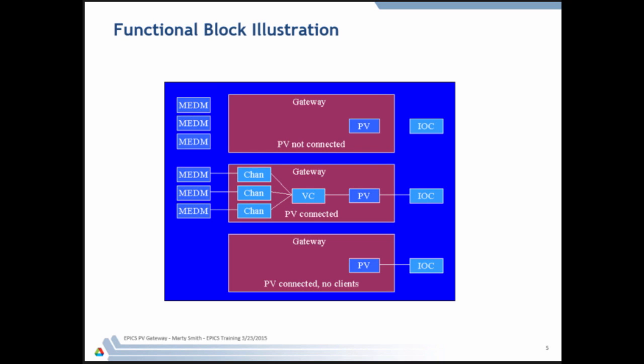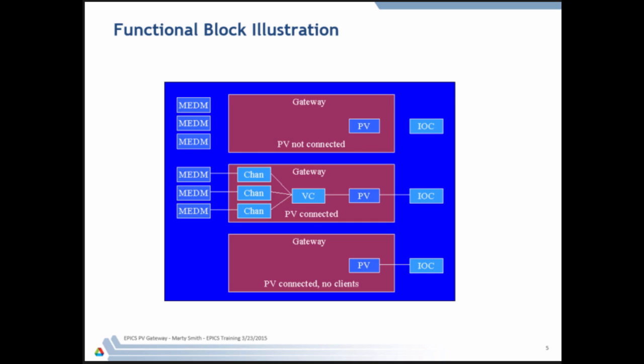So this gives you a little bit of a pictorial diagram of what I was just telling you. This top part here shows your MEDMs over here, but no connections. There's no connections through the gateway. You got your IOC over here and your PV to the IOC here.